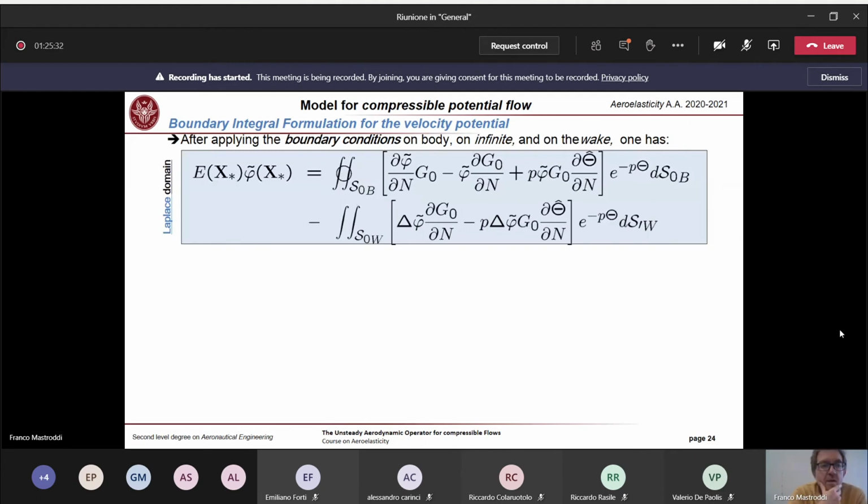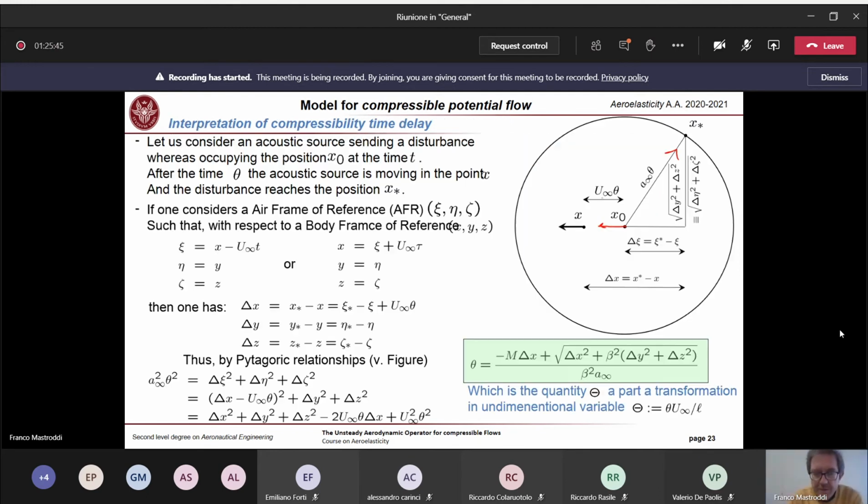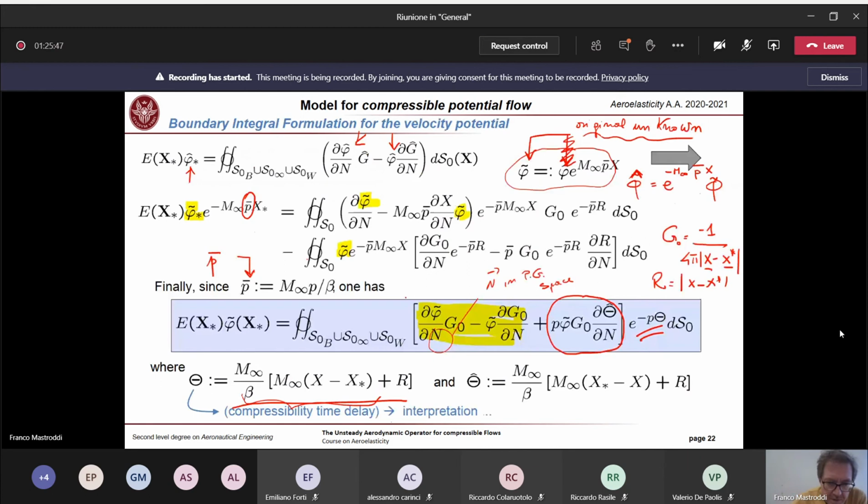And so this is our final equation after introducing the wake. And so I have split from here this contribution, this, and this. This is 0 to infinity again. So you have to distinguish the integral on the body and on the wake.